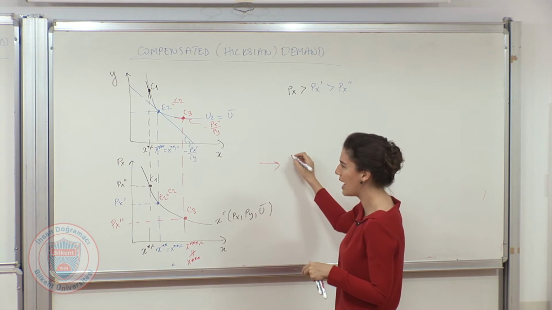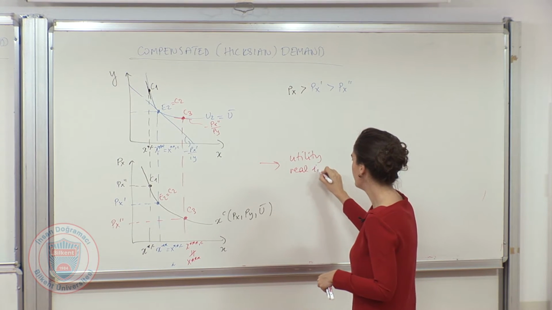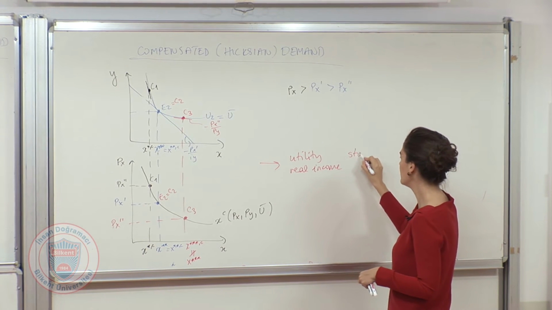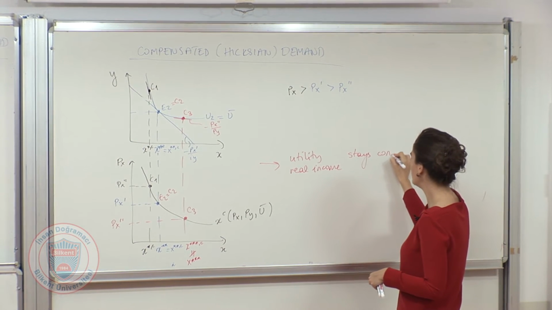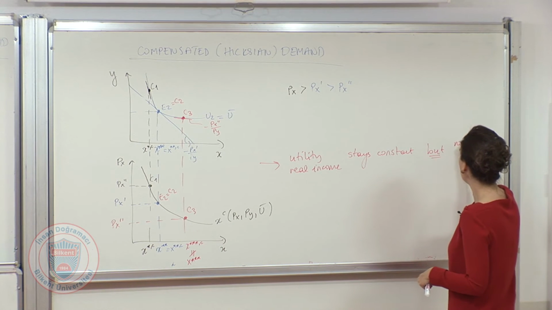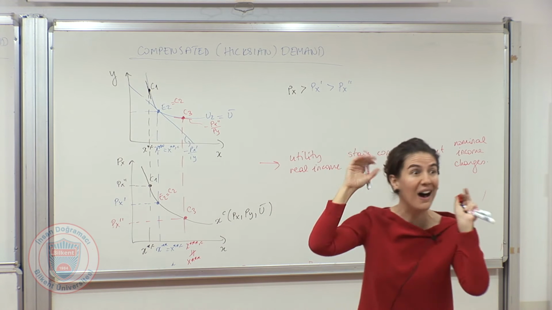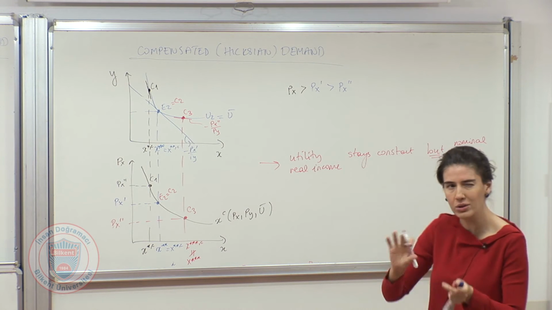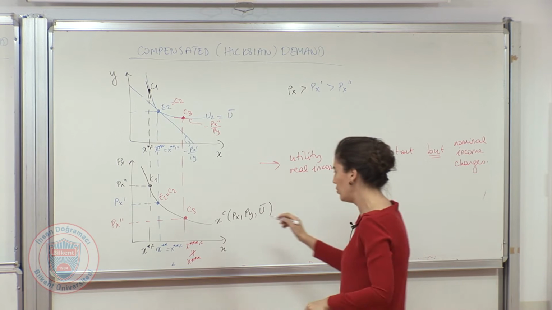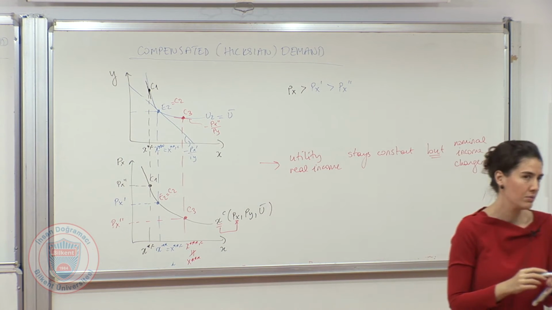So real income stays constant, but nominal income changes, because remember, I keep compensating the guy. So this is another way of expressing the idea of a demand curve, holding some other stuff constant, looking for the relationship between these two variables, okay? So this is what we said.